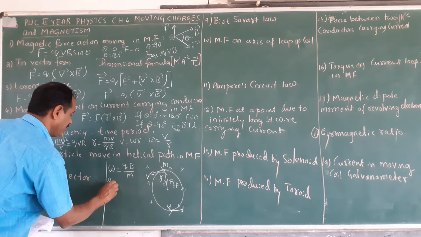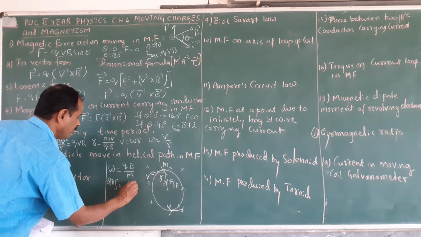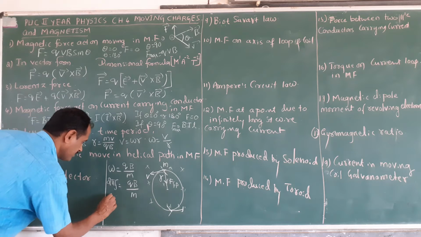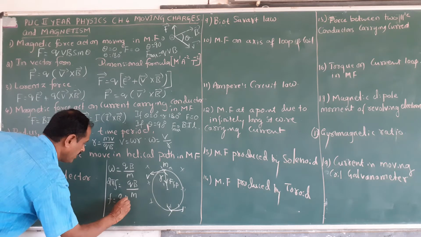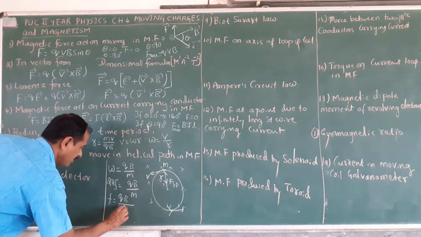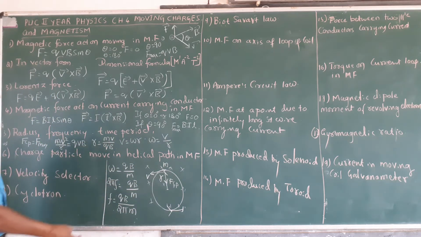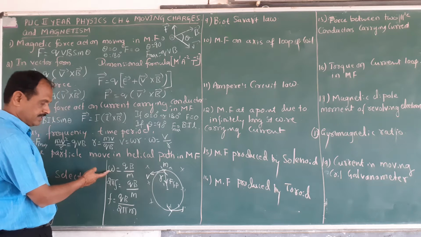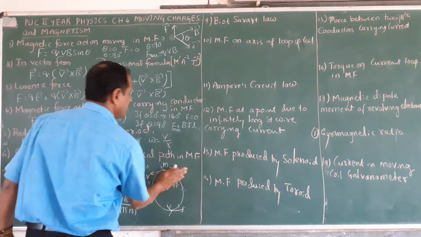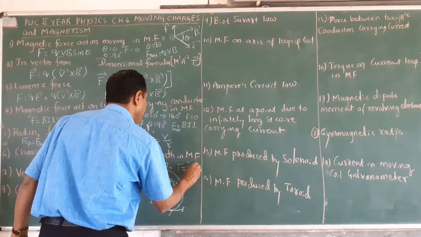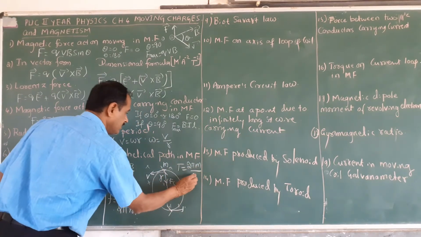This is 2 pi f = qB/m, so f = qB/(2 pi m). This is the frequency, and omega is the angular frequency. Now the time period: the reciprocal of this, T = 2 pi m/(qB).